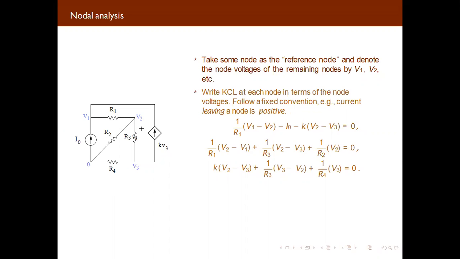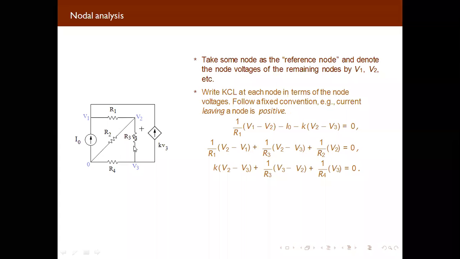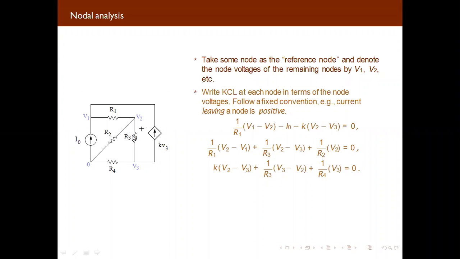If you are calculating for node V3, we know the value of the resistor here, so you can take V2 minus V3 upon 1 by R3. Like this, you can solve node analysis by using KCL.